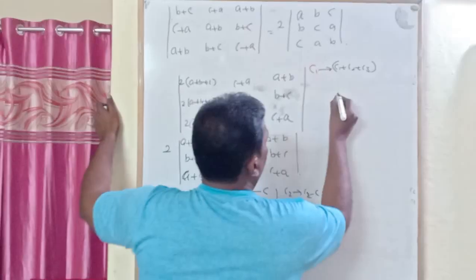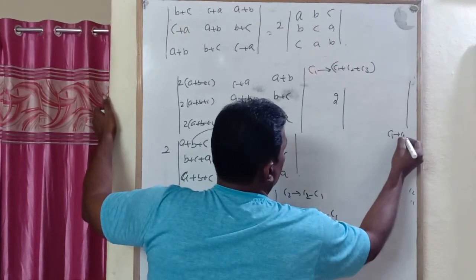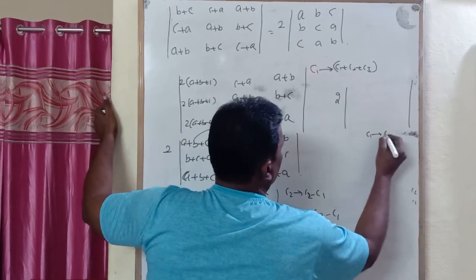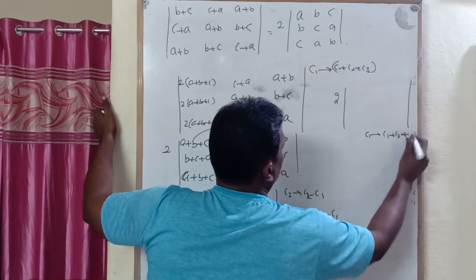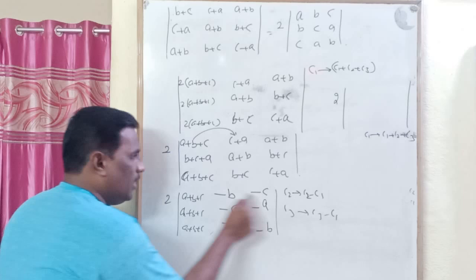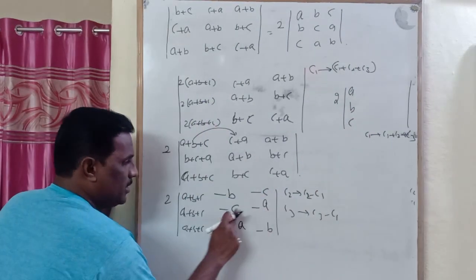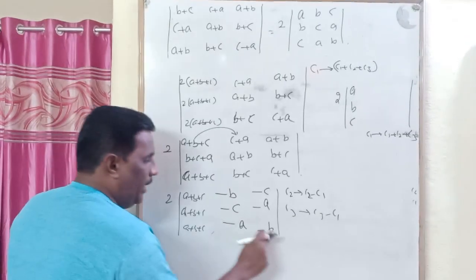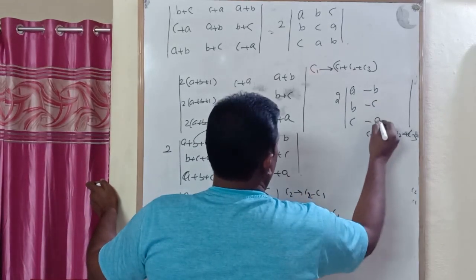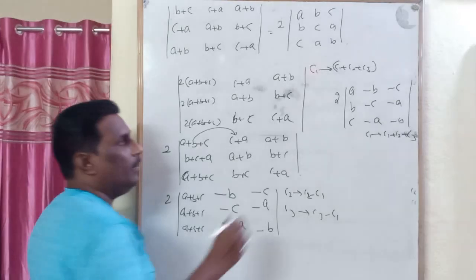Why? C1 plus C2 plus C3. Because minus b comes here, minus c comes here, it becomes a. Minus a added becomes b. Minus a minus b added becomes c. Minus b minus c, minus a minus c, minus a minus b.